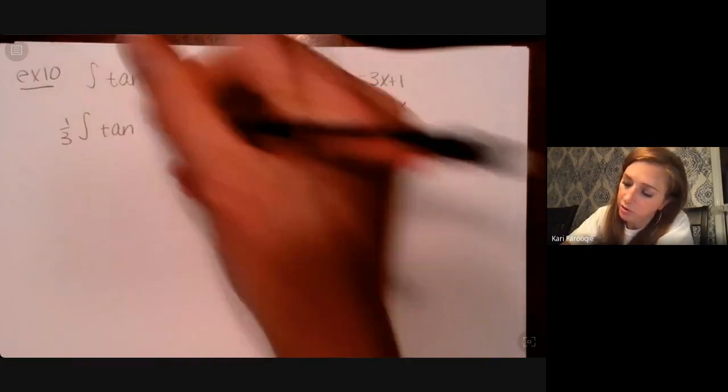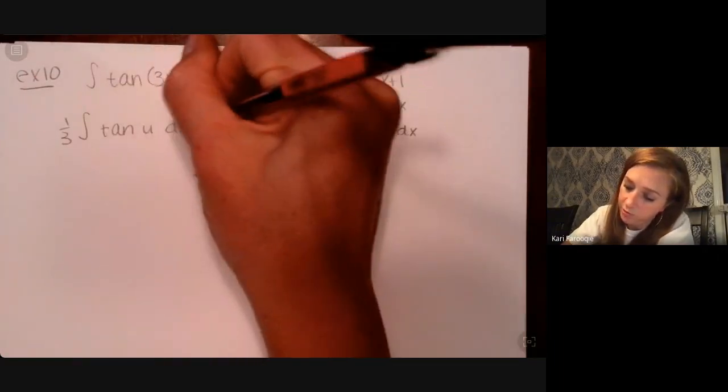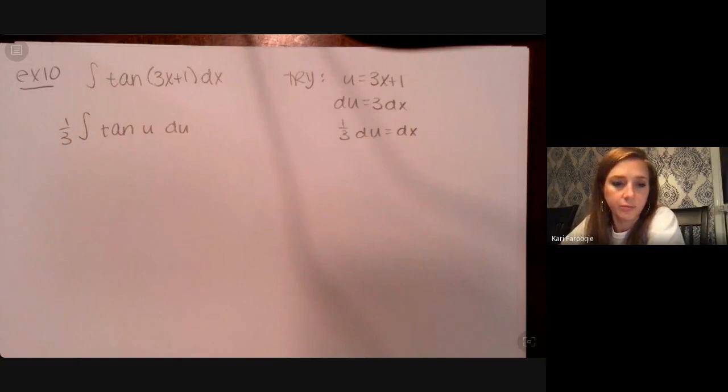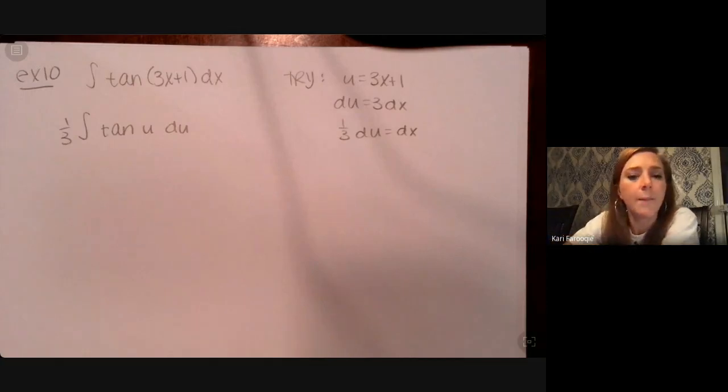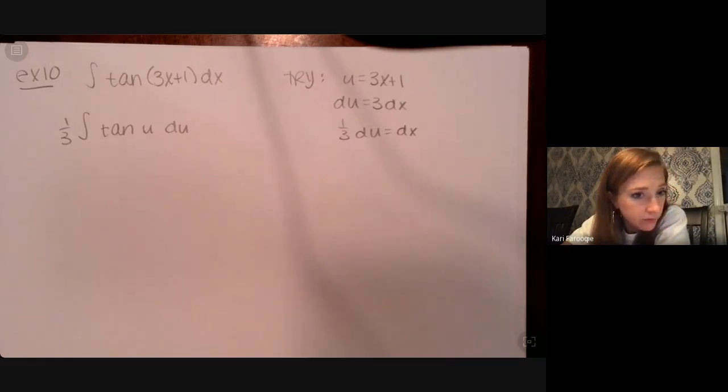So 1/3 tangent u du, everything's accounted for. And this is a fine substitution. However, now you're stuck because you can't think of a function that has a derivative of tangent u.